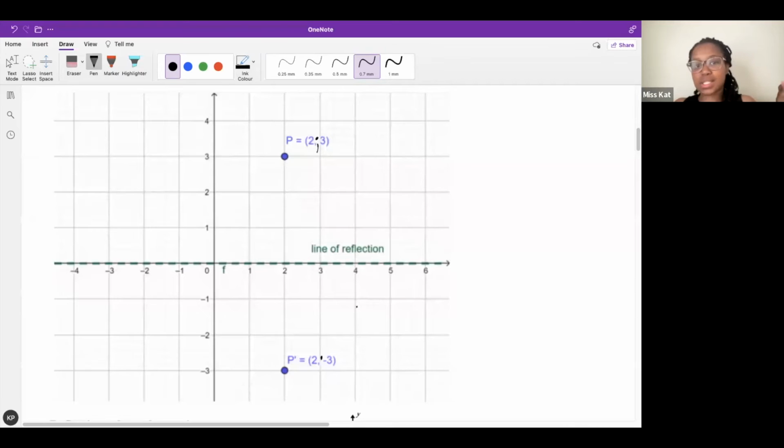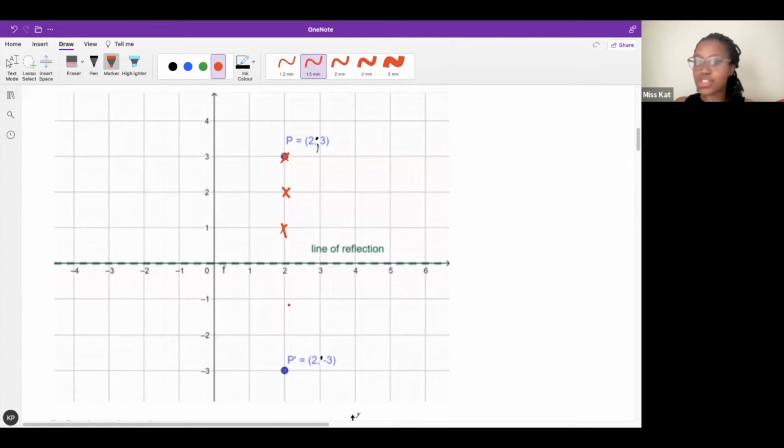Now let's talk about distance. Remember we spoke about distance? We said our reflection looks like it's the same distance away from the mirror. Now let's see, how far is the point P from the x-axis? Let's see, it's 1, 2, 3, right? And then how far is the point P prime from the x-axis?